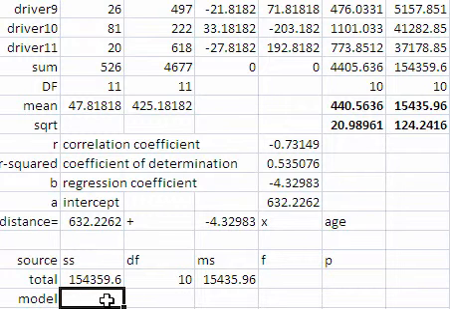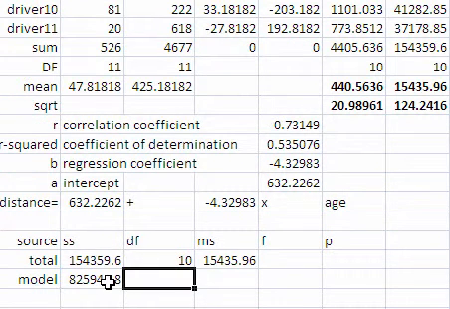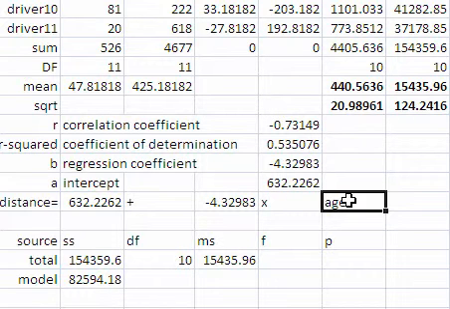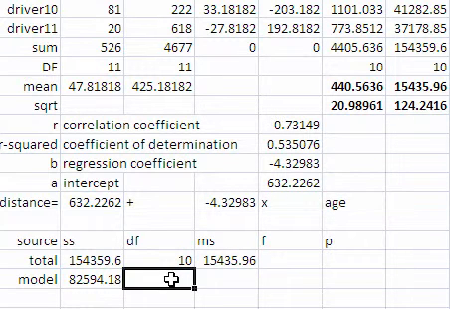So the sum of squares due to the model equals r squared times the total sum of squares. And the degrees of freedom is the number of x variables. In this case, just one, age. So the degrees of freedom is 1.